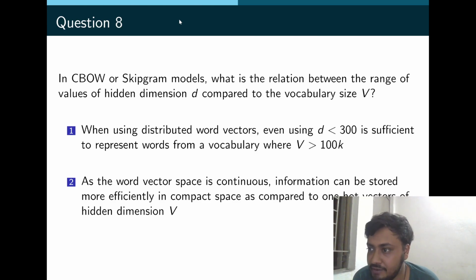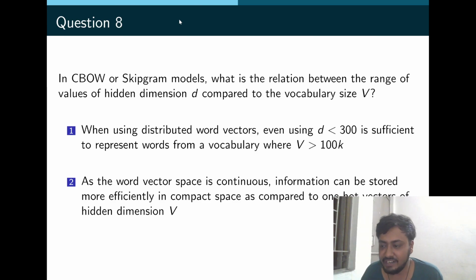So you can represent a lot more information with only, say, 100 or 300 dimensions. Even though your vocabulary is very large, you can represent everything with a much smaller dimension, because the vector space is continuous.